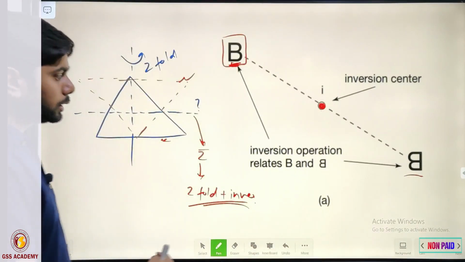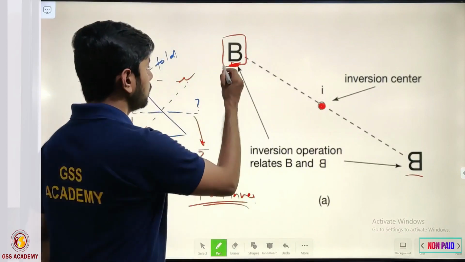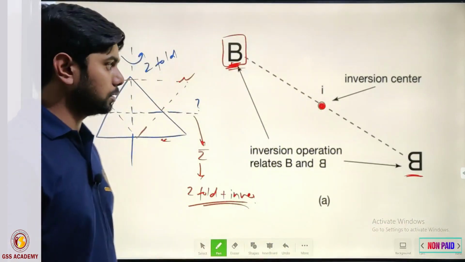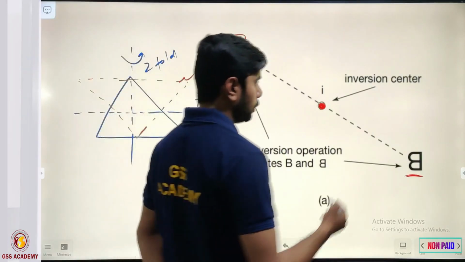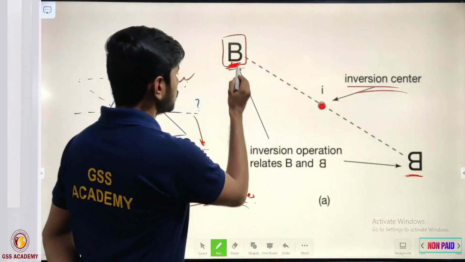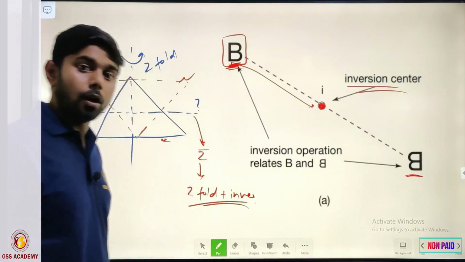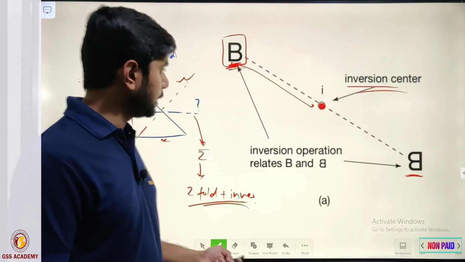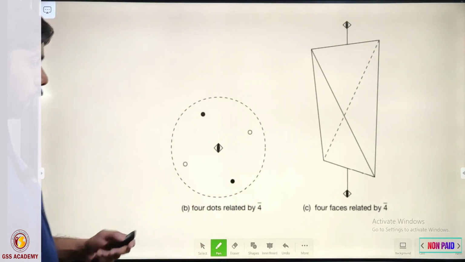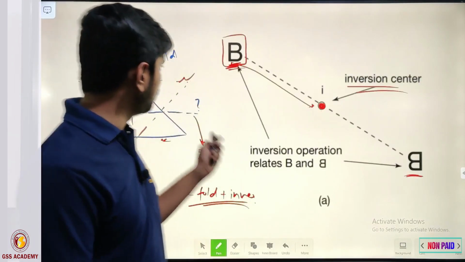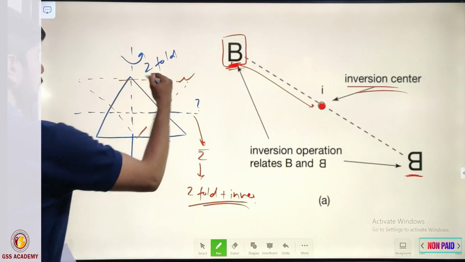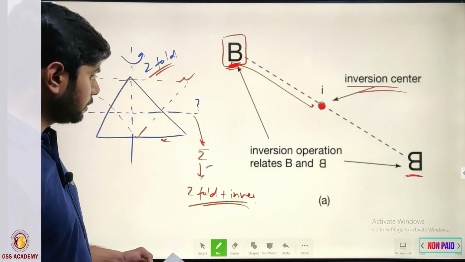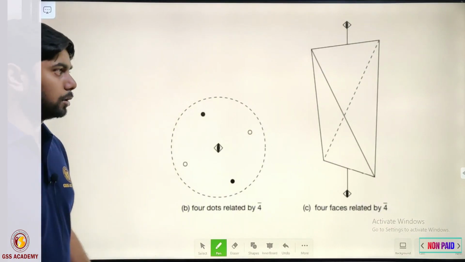This is the inverse operation of B, which is reflected as this inverted B. And this is the inversion center. So we have to invert this object through this inversion center. These are the basic information about two-fold as well as 2 bar, which is the two-fold roto-inversion, and after that we will see the 4-fold roto-inversion.